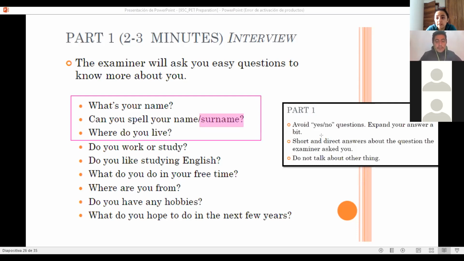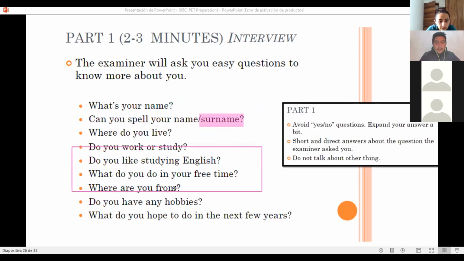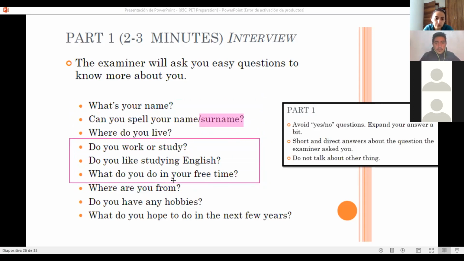Surname or last name, they are exactly equivalent. Then we have, where do you live? You can also be asked the question, where are you from? Yes, they can also ask you, where are you from?